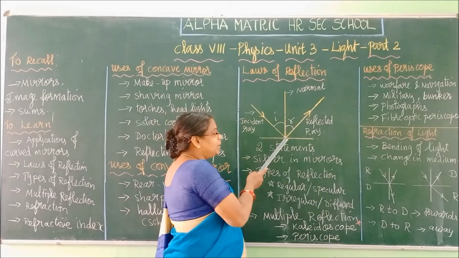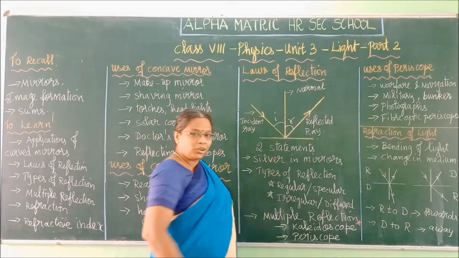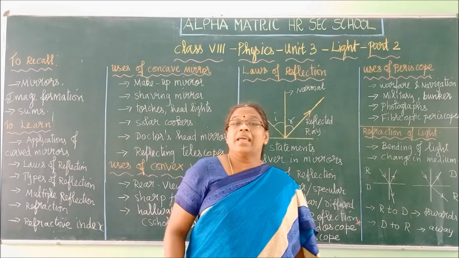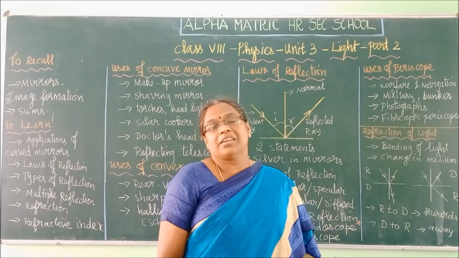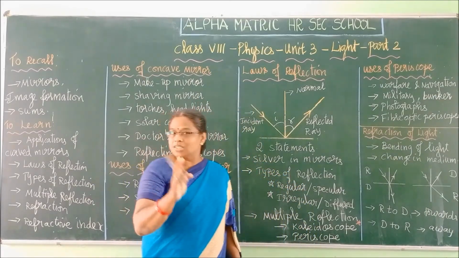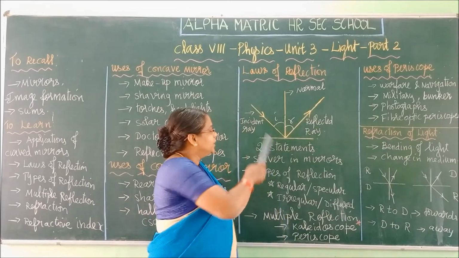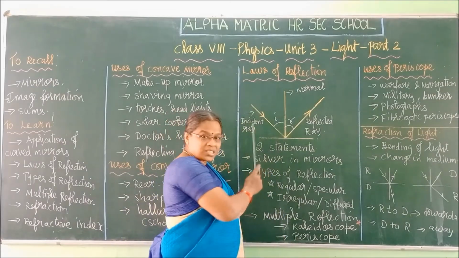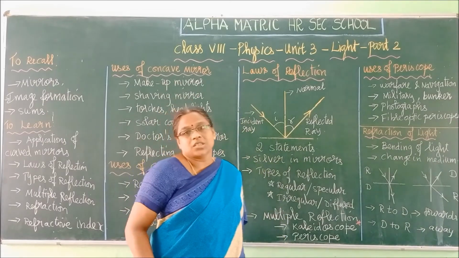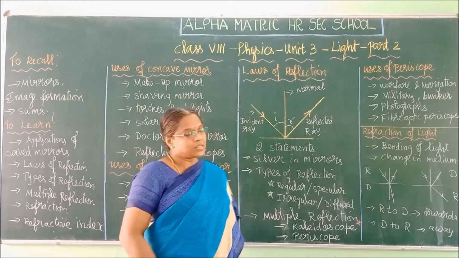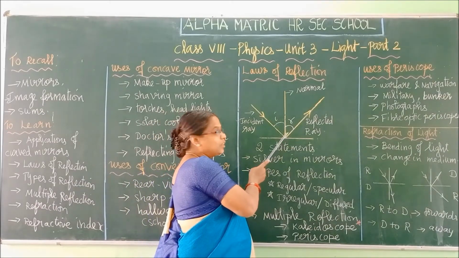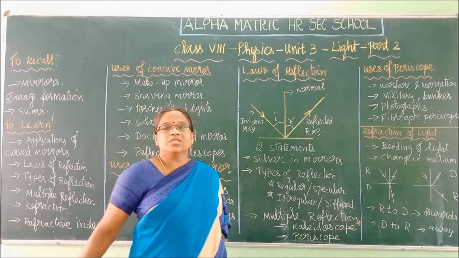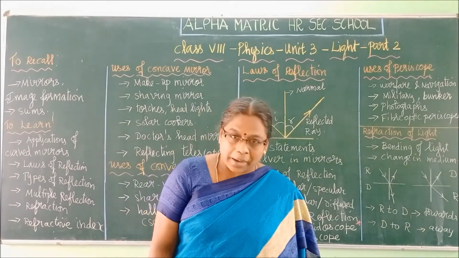After hitting, it gets bounced back, and that bounced light ray is called the reflected ray. So two rays you need to know: the incident ray, which is the first ray touching the surface, and after getting incident on it, the bounced back light ray is called the reflected ray.